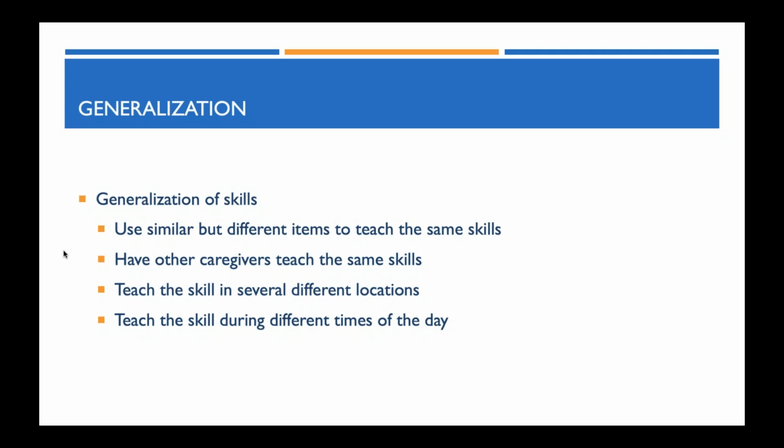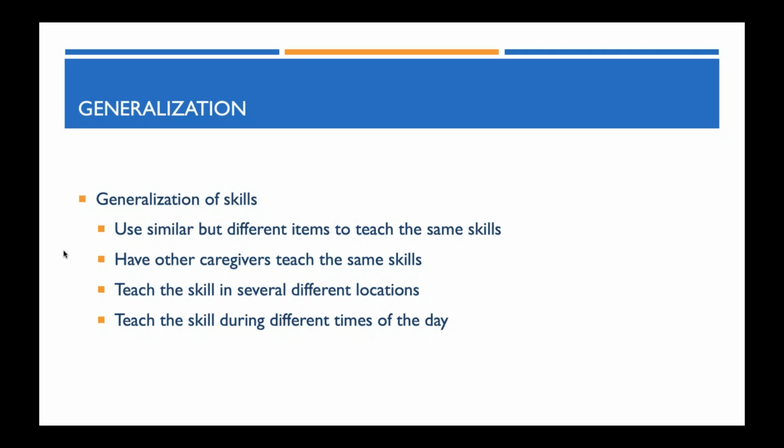Also have other caregivers teach the same skills. So if you're at home, have grandparents do it, even have siblings run the program. If you're at school, have different staff do it to ensure that the learner can do it across different people. You can also teach the skill in several different locations.